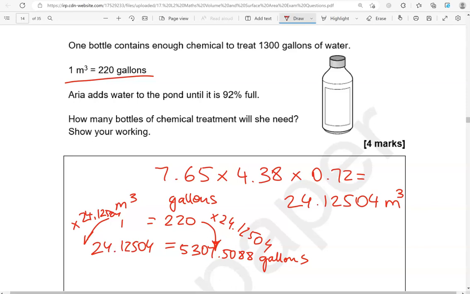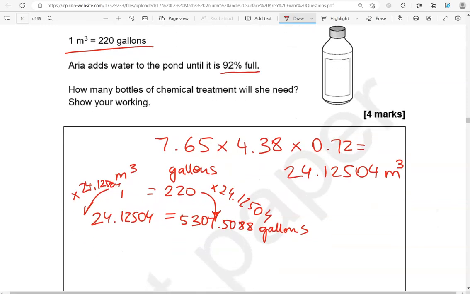But Aria will add water to the pond until it's 92% full, so not 100%. This is the 100% capacity that we've got here. So what we're going to do is work out 92% of 5,307.5088 gallons.